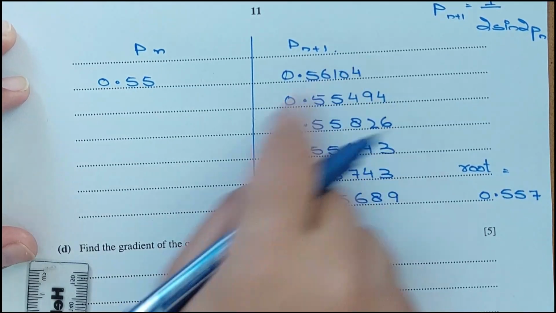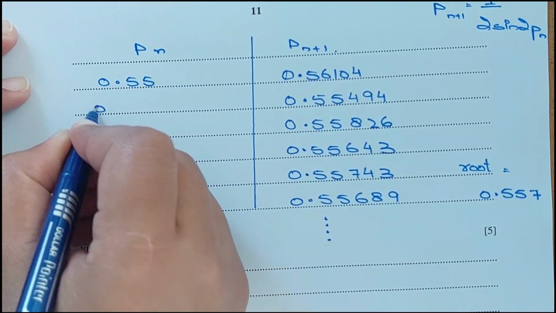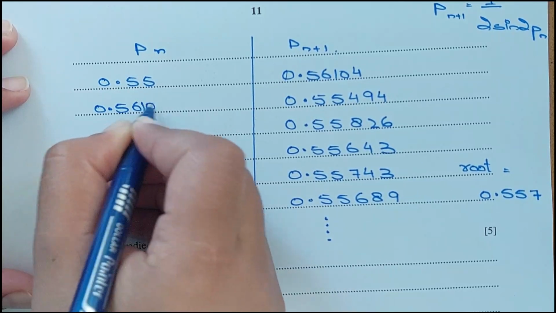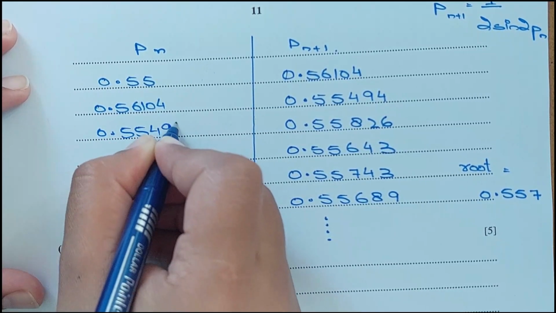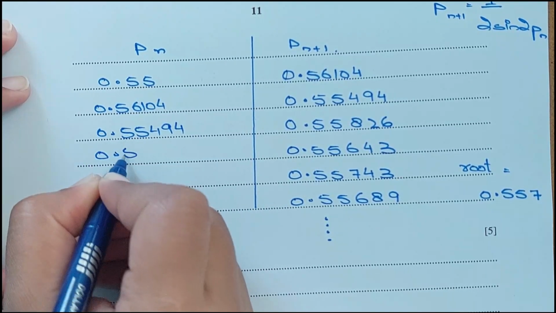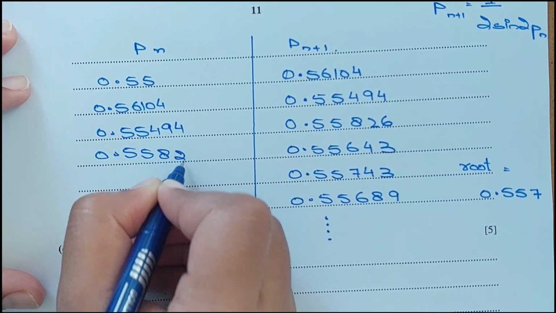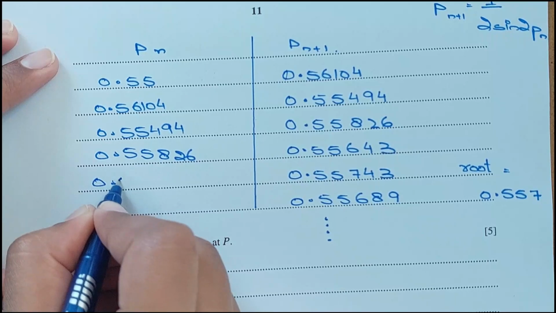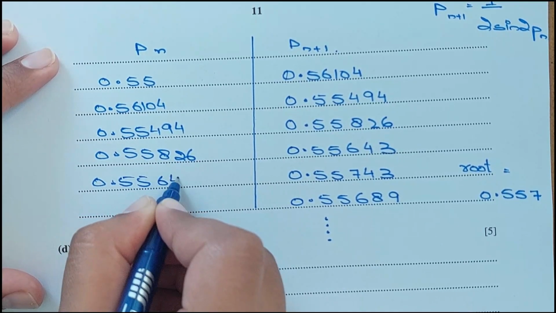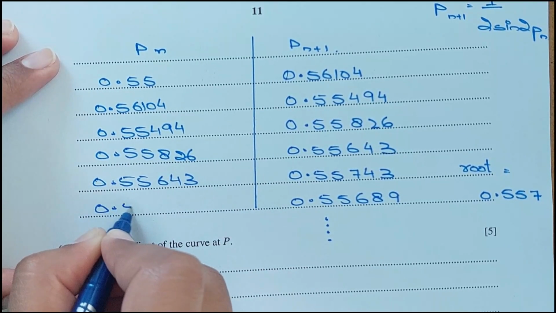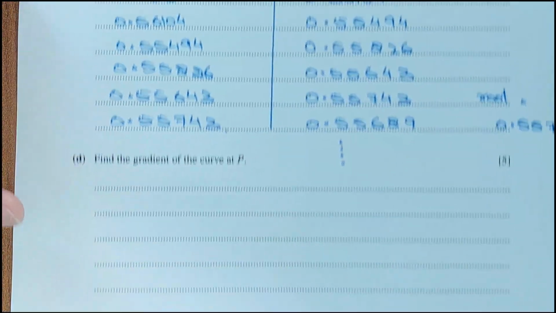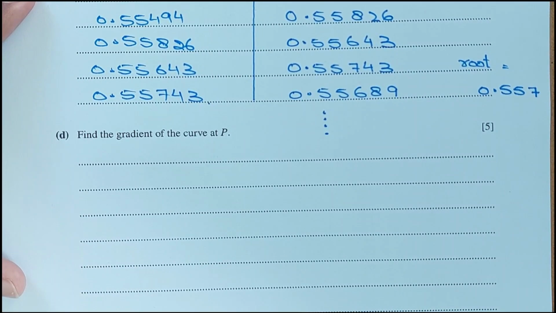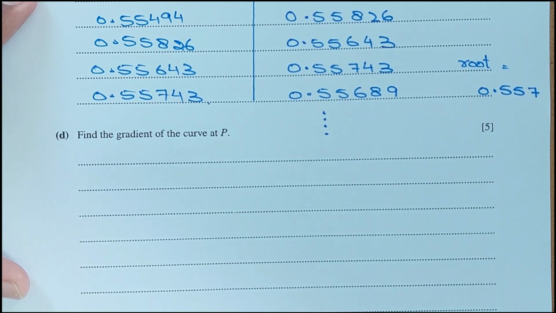Right, let me complete this column as well: 0.56104, 0.55494, 0.55826, 0.55643, and 0.55743.